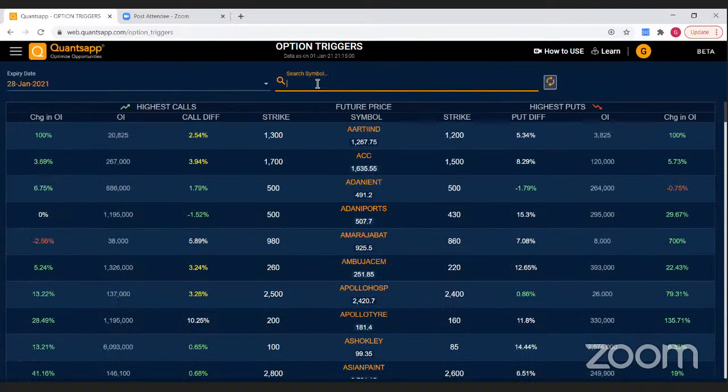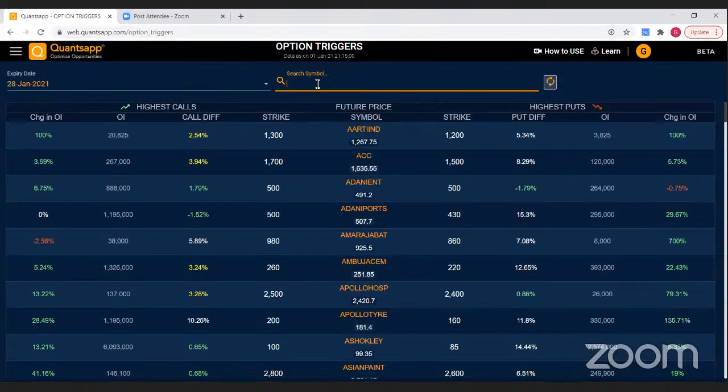This was about option trigger, where you can see the difference of the highest call and highest put, how you can identify the stock, and more precisely how market participants are looking at it, whether they are increasing or declining their positions, where the call writers and put writers are nervous or jittery. If they are nervous, they will exit their positions.